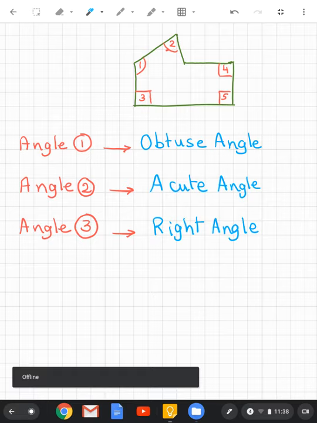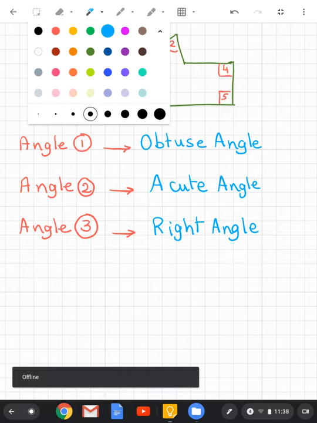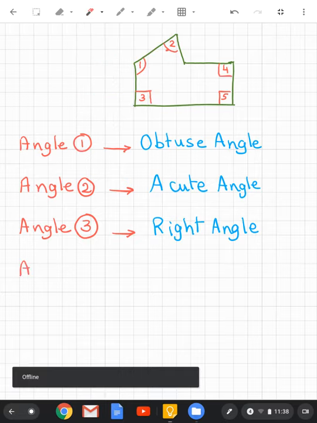Also, if you look at angles 4 and 5, you will find them the same as angle 3, so they are all right angles.